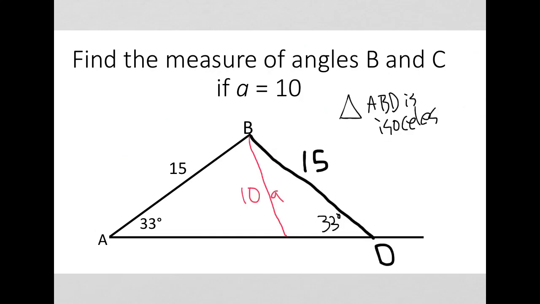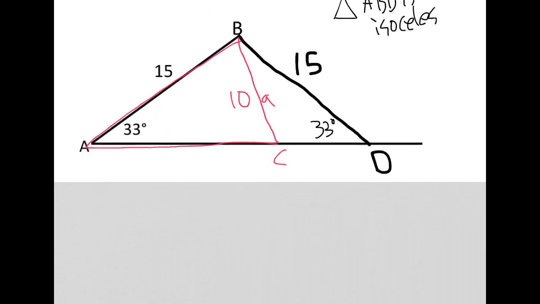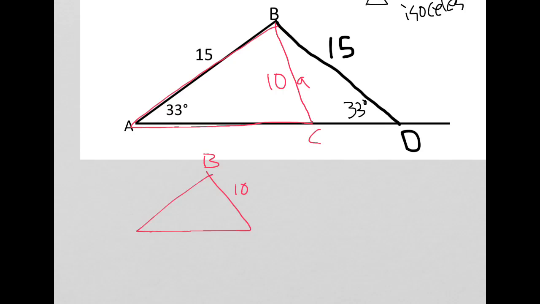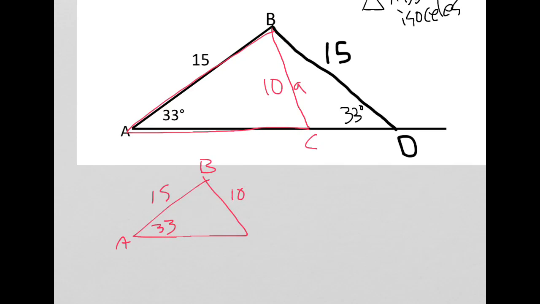So for the time being, let's focus on this pink triangle ABC right there. We have this case, 10. We don't know angle B, we know angle A is 33, 15, and C down there.